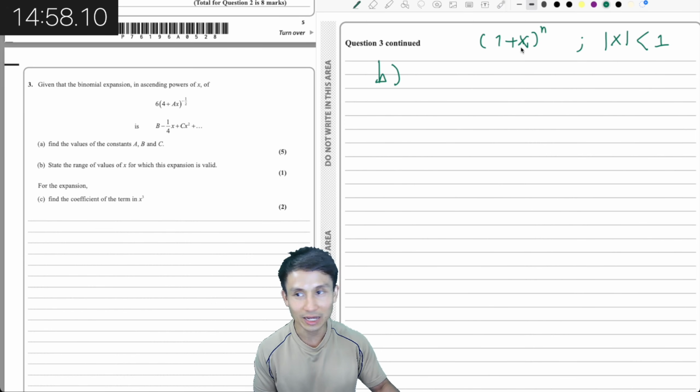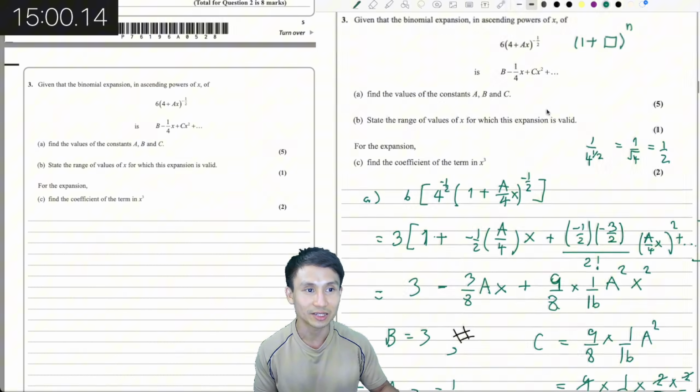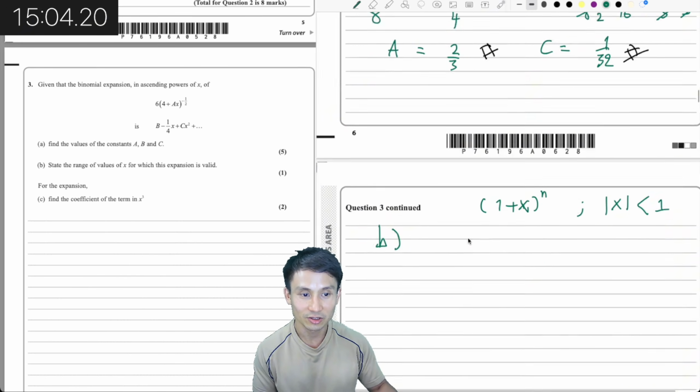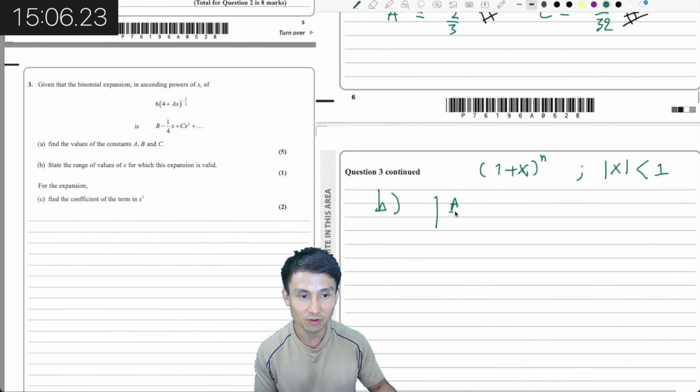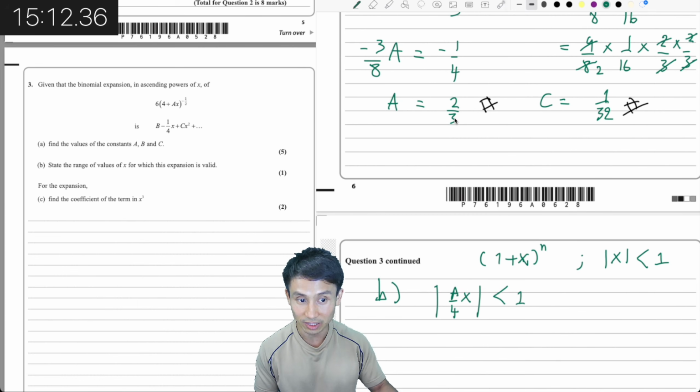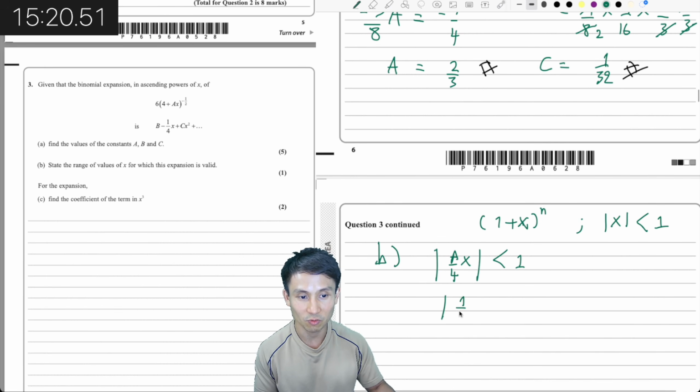But our x term here is not actually just x. It is actually a over 4x, right? So we're going to do the absolute value of a over 4x less than 1. But what is a? We already know a, which is 2 over 3. So that's 2 over 3 multiplying in here, substitute it in. So we get 1 over 6, right? So that would be 1 over 6 x, absolute value less than 1.